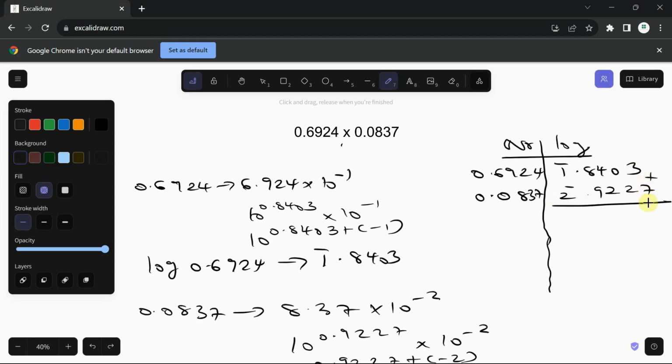Right? So 8 plus 3 is 11. So 1 carry over 1. 1 plus 0 plus 2, that's 3. 4 plus 2, that's 6. 8 plus 9, that is 17. 7, I'll carry over 1. Right? So 1 plus minus 1 is 0. So 0 plus minus 2, that will be bar 2.